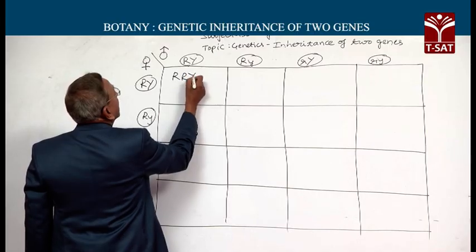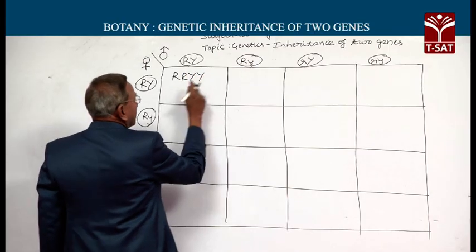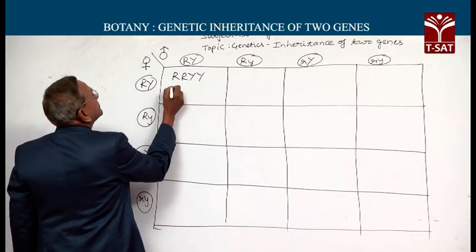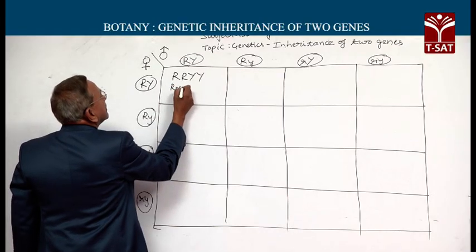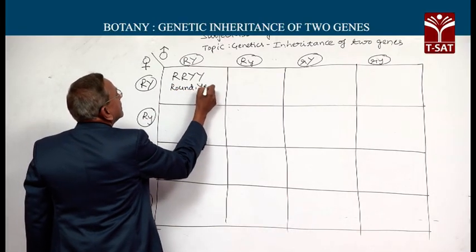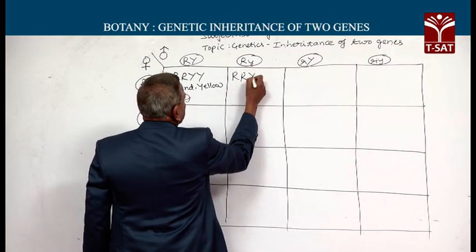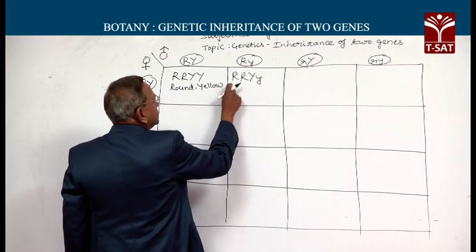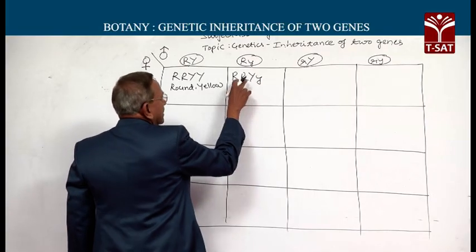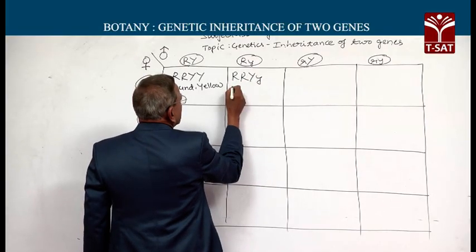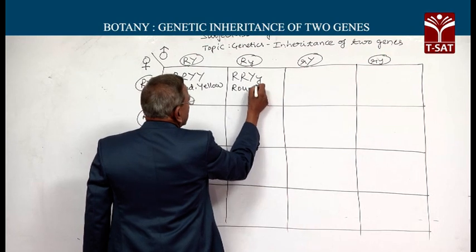Capital R, capital R, capital Y, capital Y. This will be round and yellow. Capital R, capital R, capital Y, small y. Due to presence of dominant genes, this also will be round and yellow.